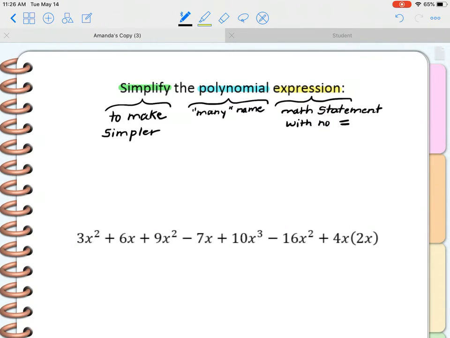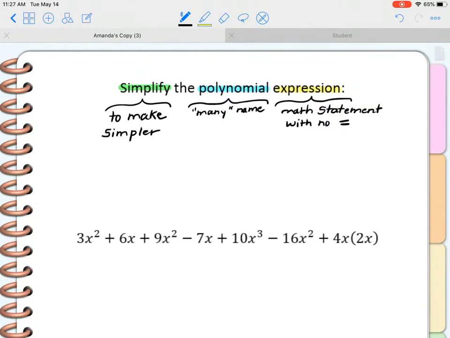And sometimes that's easier said than done. Simplifying an expression is just as hard as solving an equation, because it requires sort of the same skills, but in some situations different skills. So don't underestimate that. Just because we're not solving anything doesn't mean this is easy to do.